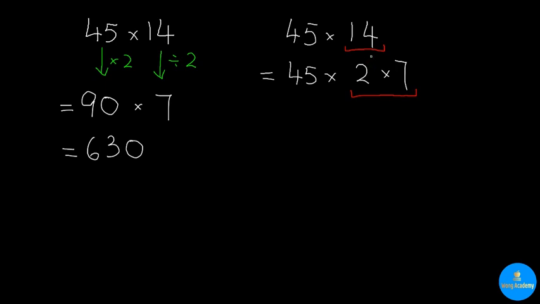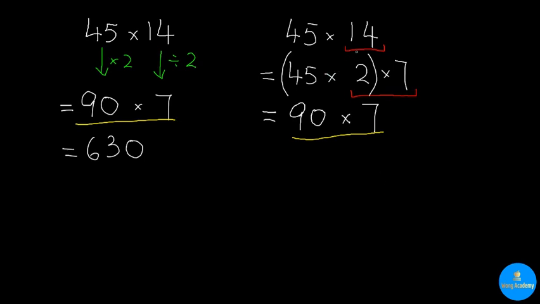But when I do this, I can put a pair of parentheses around 45 and 2. Because multiplication is associative, I can put parentheses anywhere I want. So in this way, we get our 90 from the product 45 times 2. Together with times 7, we have exactly the expression that we had before.